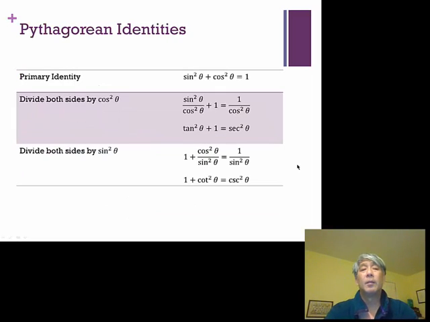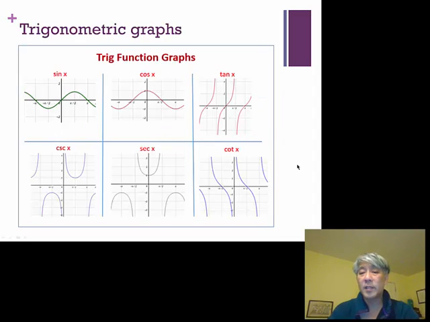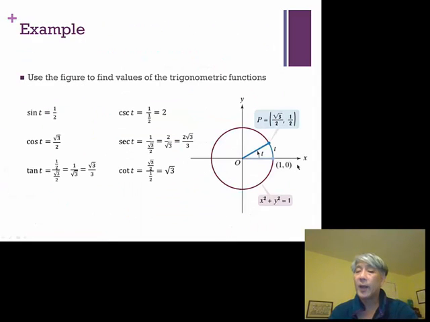Okay, besides those three, we also have the three Pythagorean identities. Really, it's only one identity, okay? And that one identity is sine squared theta plus cosine squared theta equals 1. Okay, if I go back several slides, remember I had x squared plus y squared equals 1? Well, x is nothing more than cosine of theta, and y is nothing more than sine of theta.